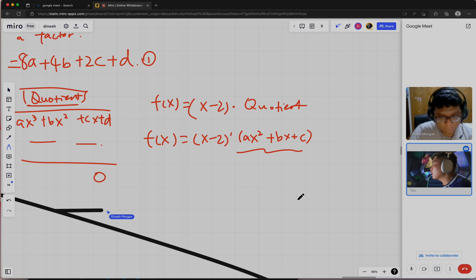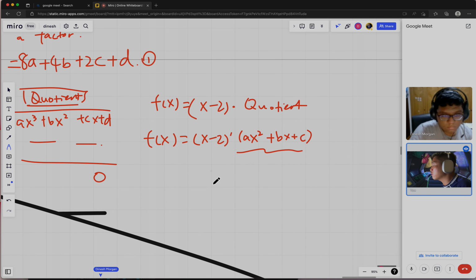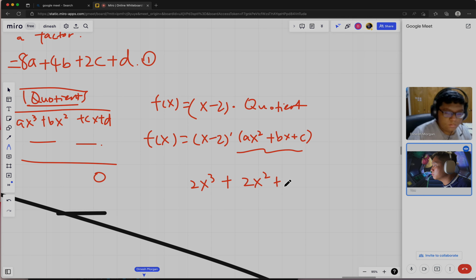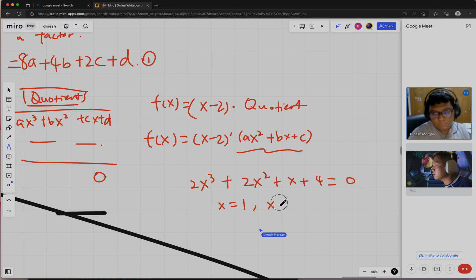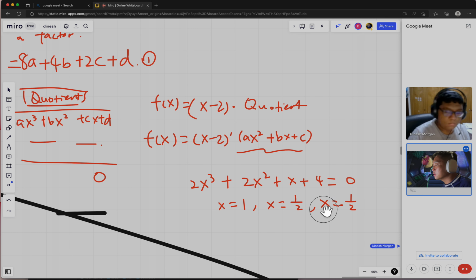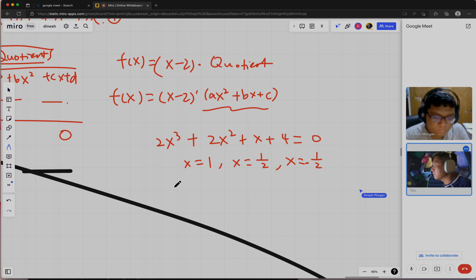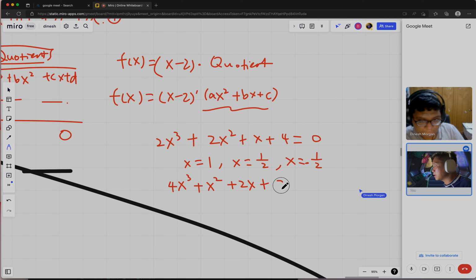But I think I talked about a question, right? They ask you to solve, if 2x^3 + 2x^2 + x + 4 is equal to 0, and somehow you get x equal to 1, x equal to half, x equal to negative 2. Then they ask, what if you have 4x^3 + x^2 + 2x + 2 equal to 0?